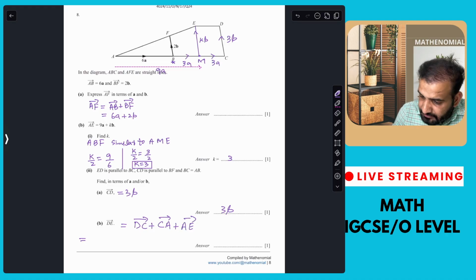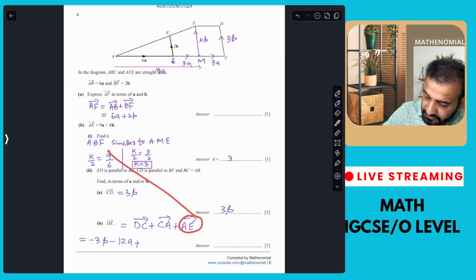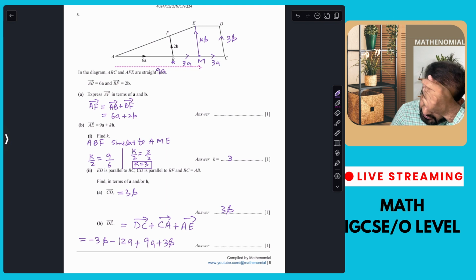DC is just minus 3b, plus CA is negative 12a, plus AE is given in the question, 9a plus 3b. So b will be cancelled out. Minus 12a plus 9a will be minus 3a. This is your final answer.